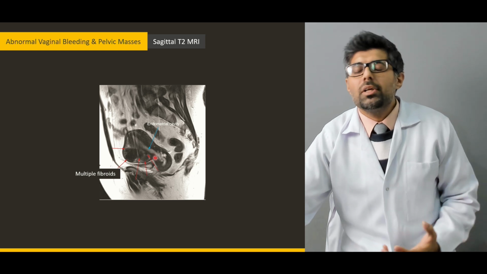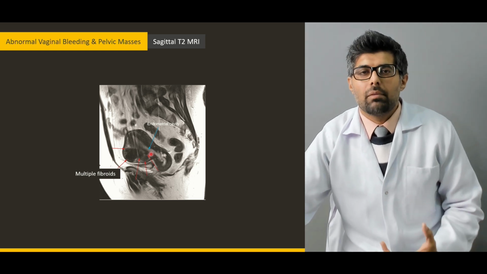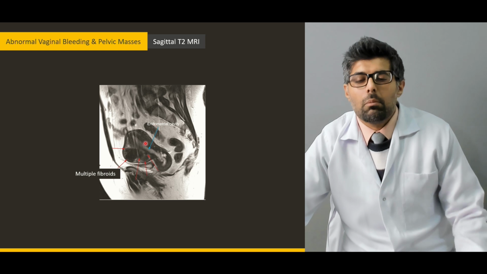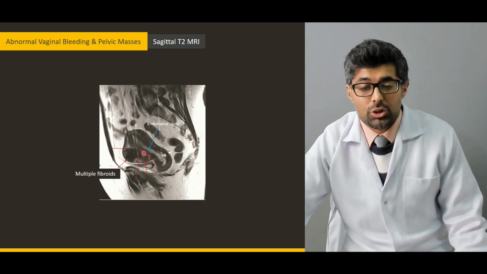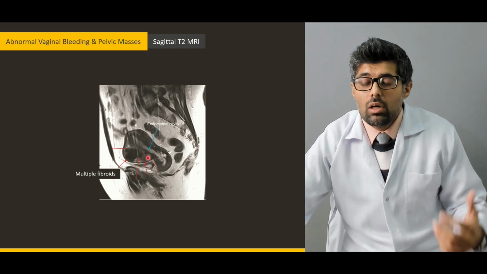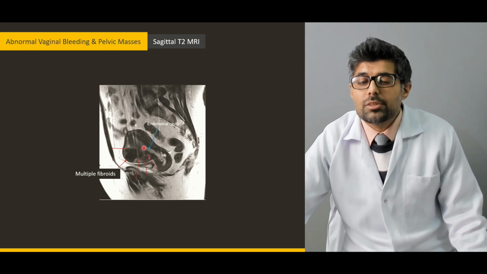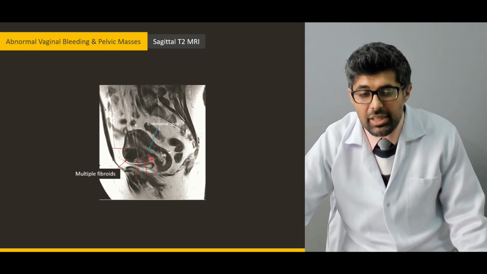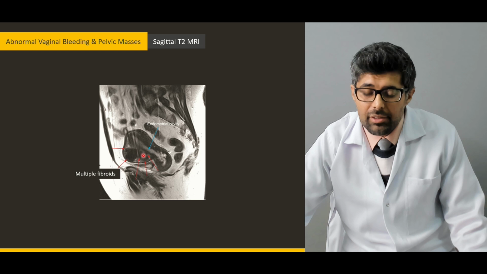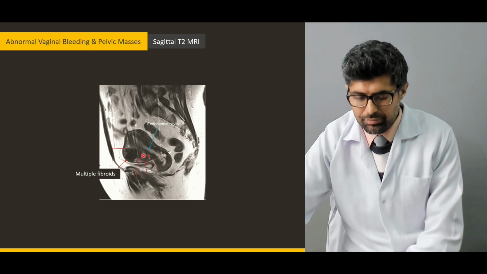They can only be distinguished on an MRI. So, a sagittal MRI has confirmed that this patient has not just one huge fibroid, she has multiple fibroids inside her uterus.